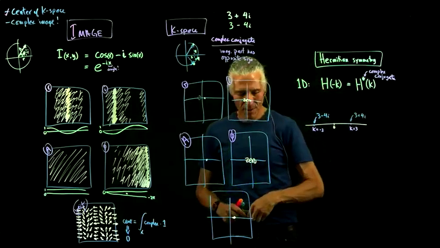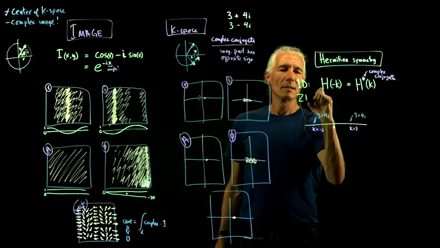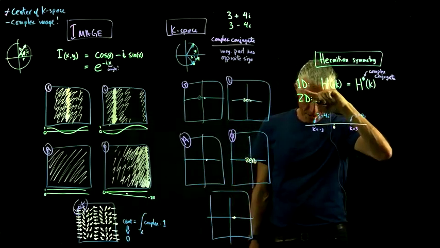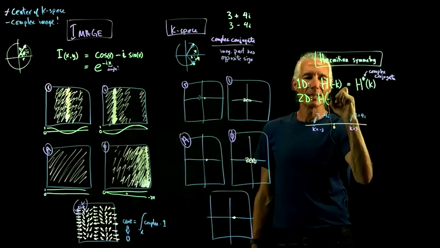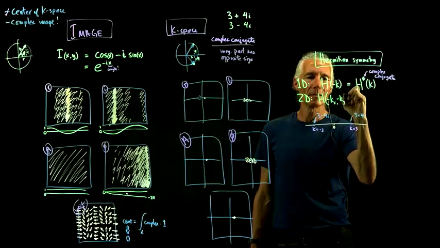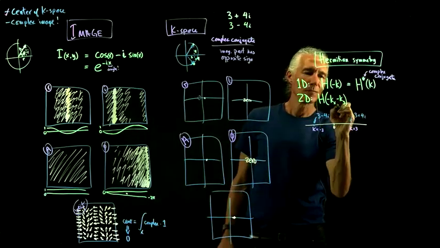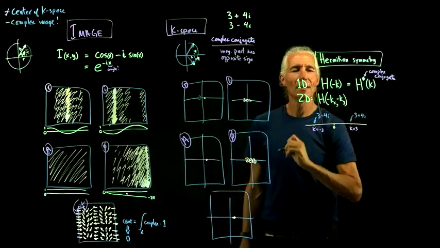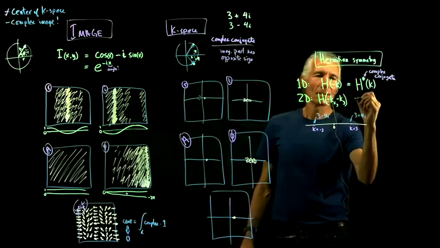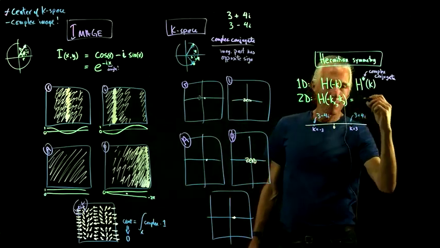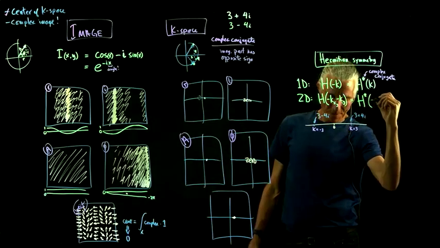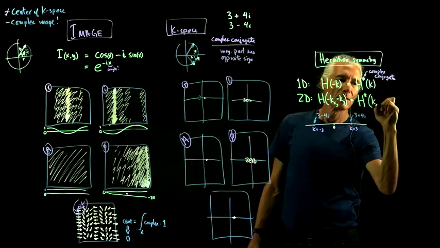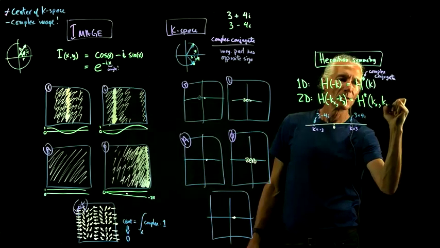It's a little more complicated when we have it in 2D. In 2D, it looks like the Fourier transform of minus kx, comma, minus ky, so now there are two variables, is going to equal the complex conjugate of the Fourier transform at kx, ky, again two variables.